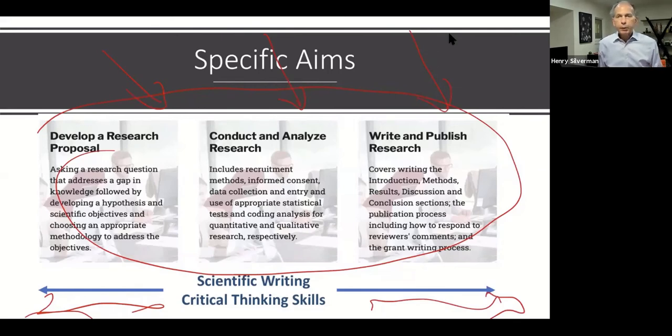Developing the research proposal requires good scientific writing and critical thinking skills. Conducting and analyzing the research requires good scientific writing and critical thinking skills. And analyzing your paper, discussing your paper, and publishing your paper also requires good scientific writing skills and critical thinking skills. So these two competencies we will concentrate on throughout the whole program.